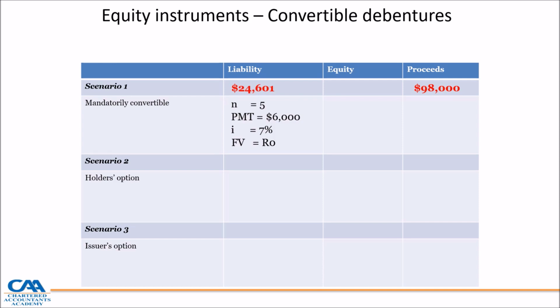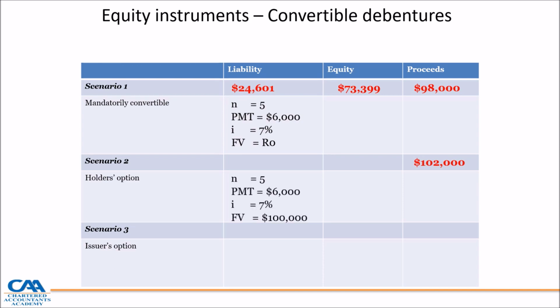Our future value is 0 because we're not paying out any cash. These debentures mandatorily have to be converted into equity. And since there's a residual between our proceeds and the value of our liability, we definitely have an equity component there.